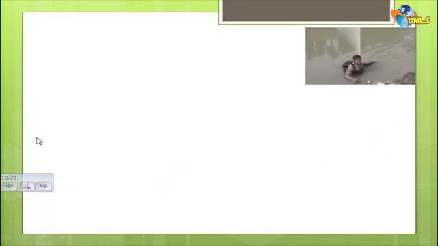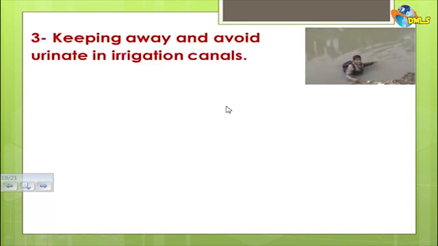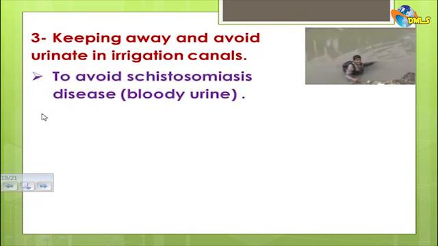Number 3, you have here a boy swimming in the irrigation canal, and it's not right. He shouldn't do this. So keep away from and avoid urinating in irrigation canals to avoid schistosomiasis, or bloody urine, or bilharziosis, like you studied in the first term.